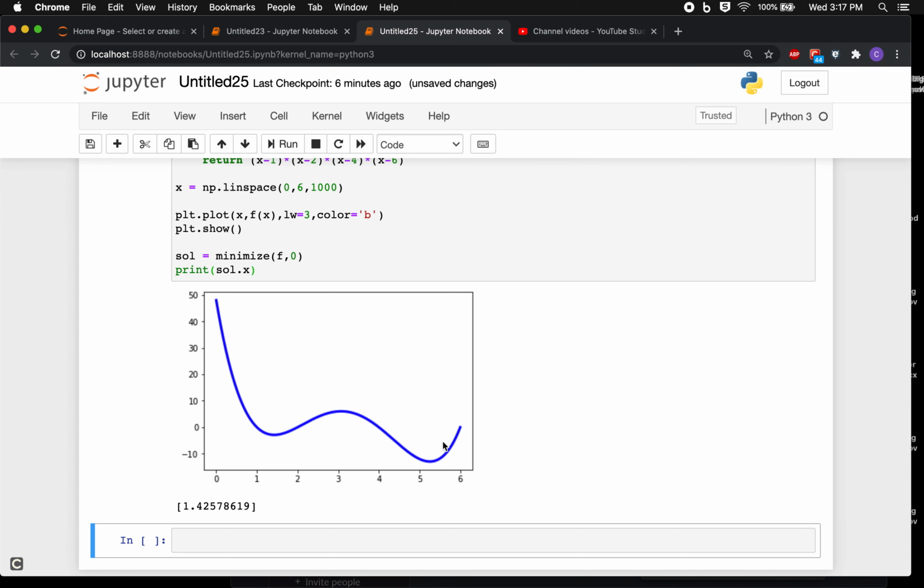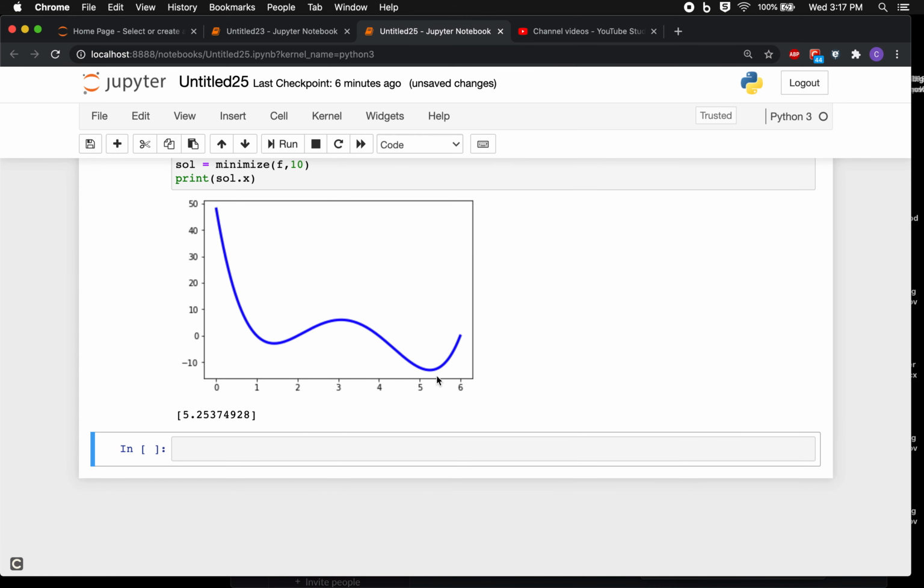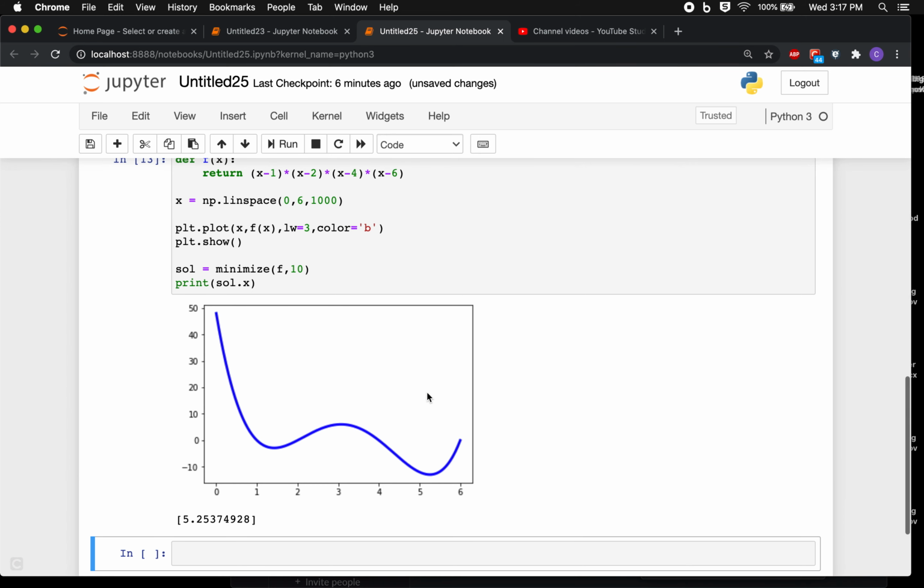But if I chose my initial guess to be 10, so I start way out here, we're going to get this minimizer over here, which is 5.25. So your initial condition determines which of these two minimizers you get. Think of it as a ball, and ask which valley it would roll down. If I start here, it rolls down here. If I start here, it rolls down here.